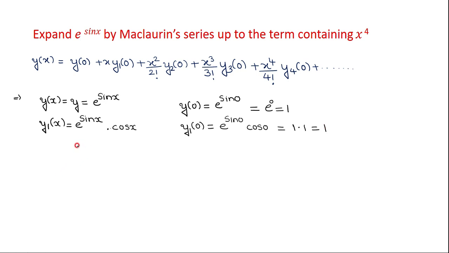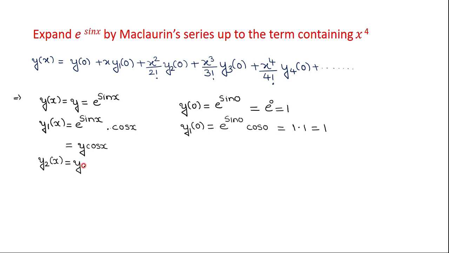Before we go for the next order derivative, we see that e raised to sin x can be written as y. So we write it as y cos of x, so that our next differentiations will be easier. We'll go for the second order derivative. y2 of x is equal to, now here there are two functions, so we'll apply the product rule.